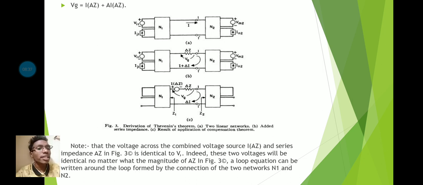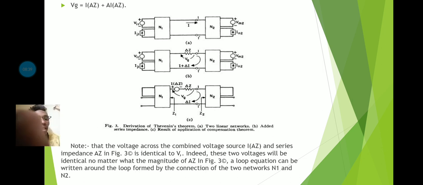Indeed, these two voltages will be identical no matter what the magnitude of ΔZ in fig 3c. A loop equation can be written around the loop formed by connection of the two networks N1 and N2.